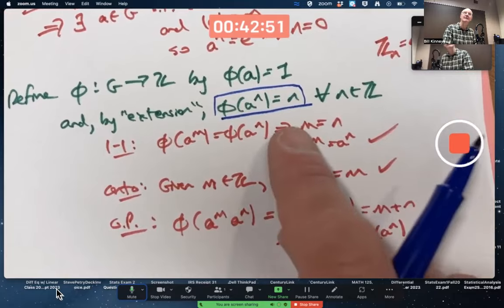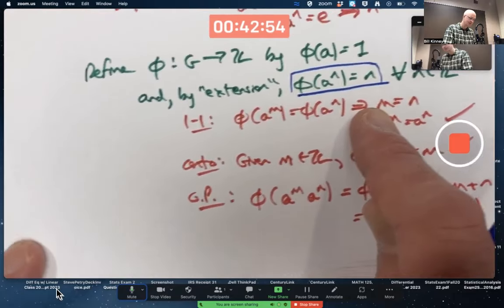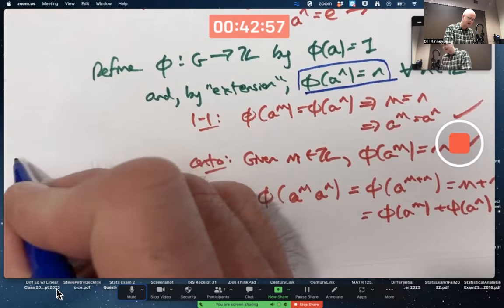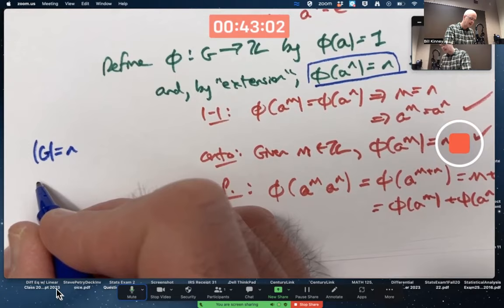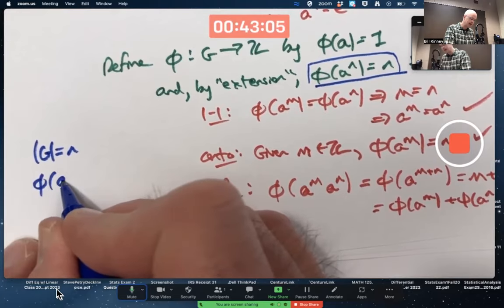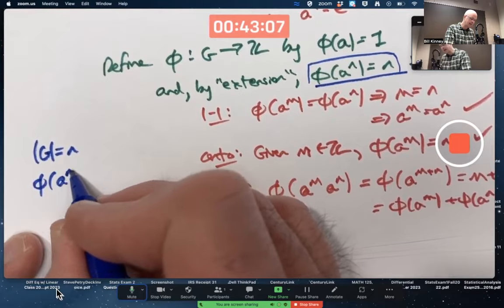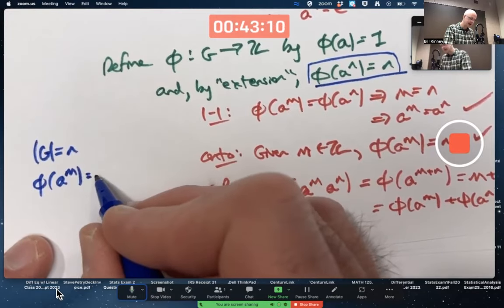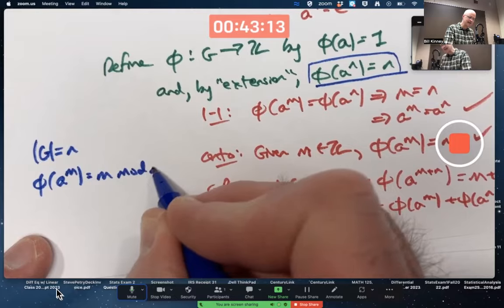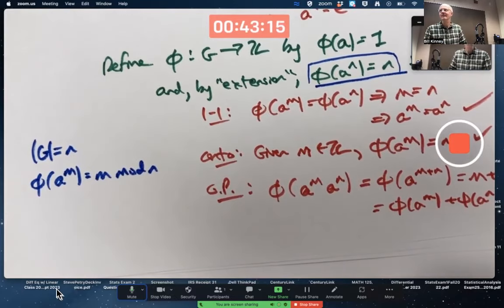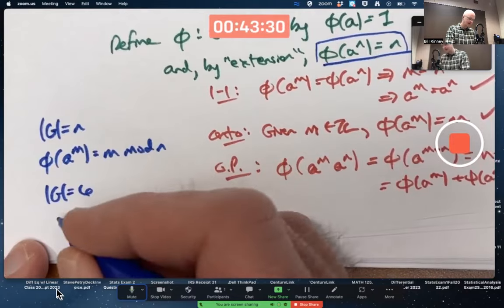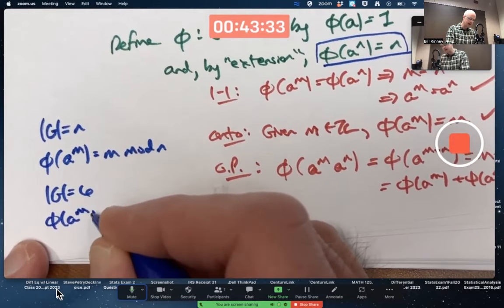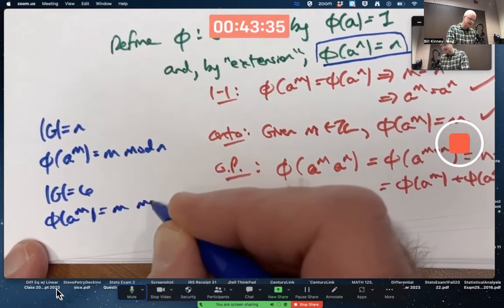So it's the formula that's going to be the key thing that you've got to modify. You'd really have to say, if the order of G is n, I'm going to map a to the m to m mod n. That would be the key difference. For example, if the order of G is 6, then phi of a to the m is going to get mapped to m mod 6.